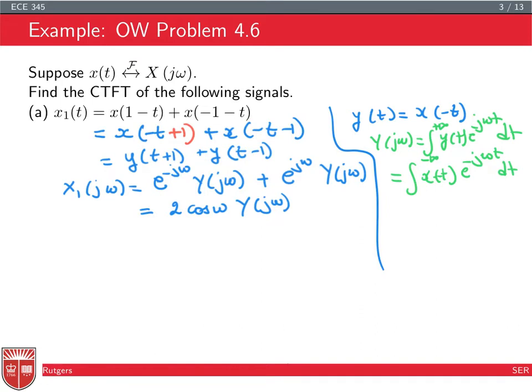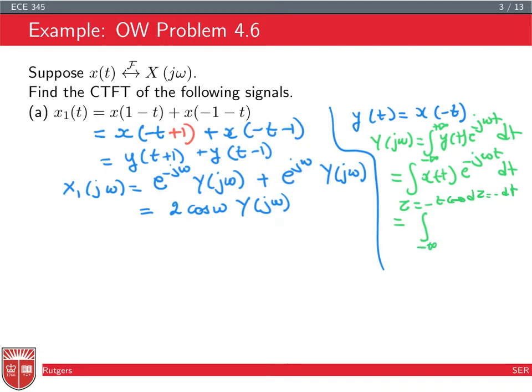Now if I do a change of variable, tau equal to minus t, I have to flip the boundaries, but d tau is equal to minus dt, so everything cancels out.